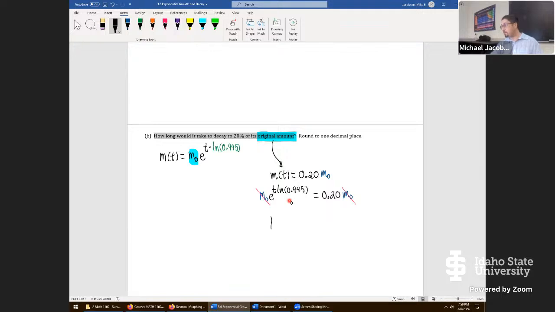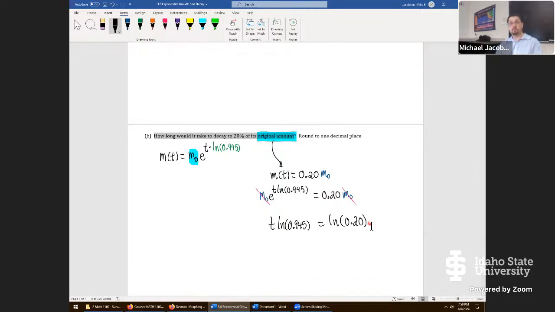It would free up t natural log 0.945. That's taking the natural log of the left-hand side, canceling e. You just have to recall to take the natural log of the right-hand side. 0.20 like that. What you get here, you're in good shape, but this is taking a shortcut.